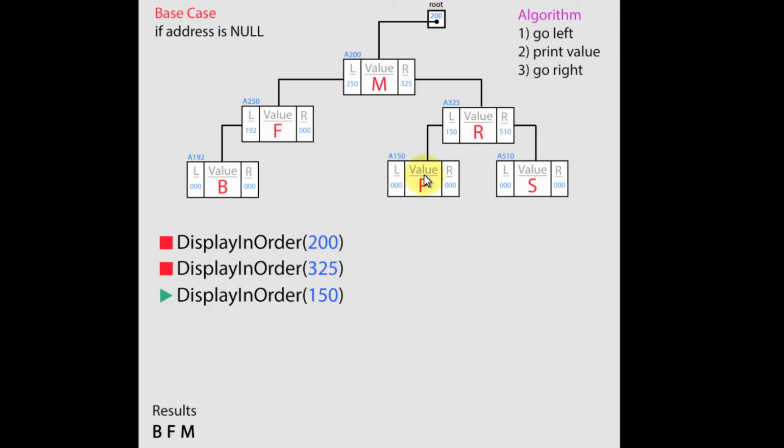Okay, so from 325 I went left to 150, and then we check the base case because this is also a new function call. It's not null because there's a value, there's a node present. So then we need to also do step 1 here from this node, and that's go left.